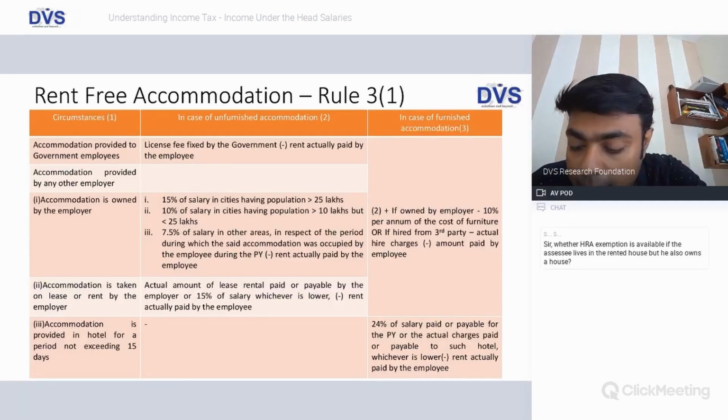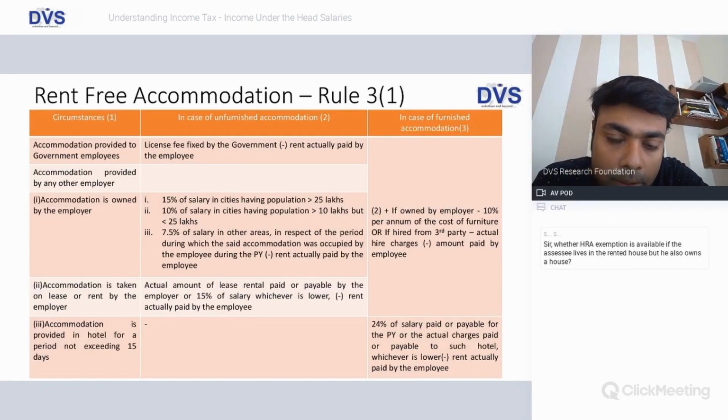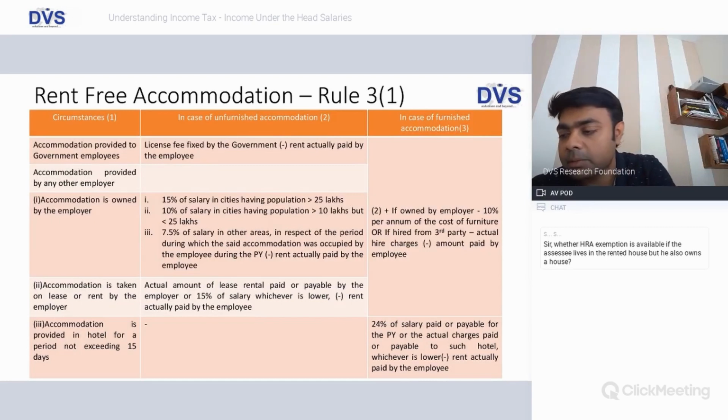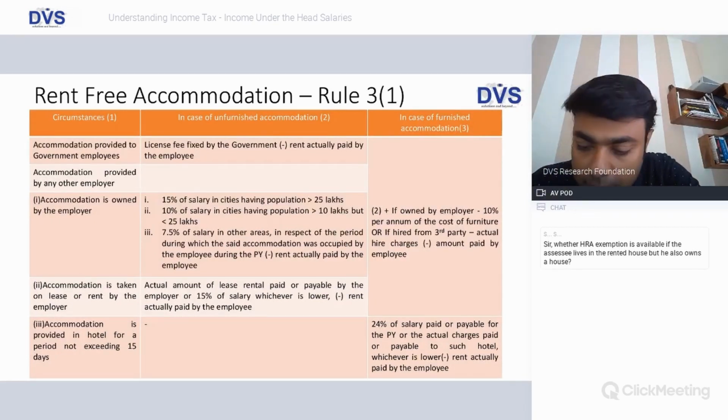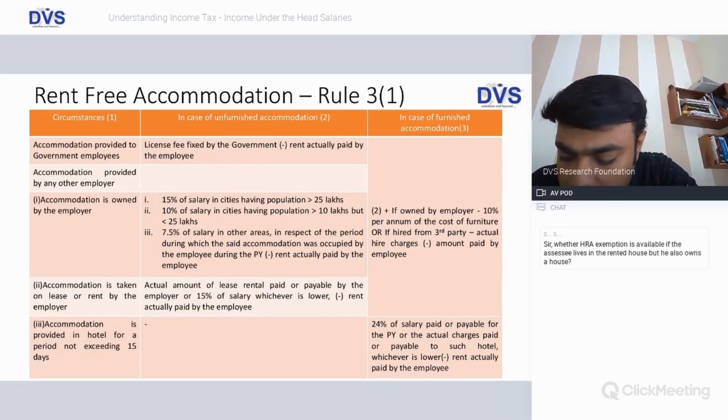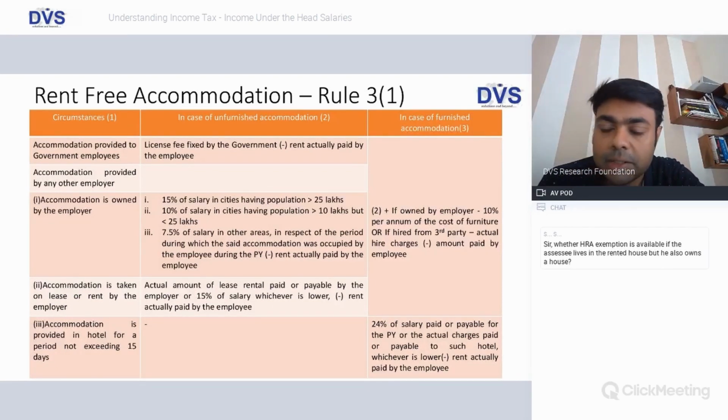However, invariably when someone is transferred from one location to another, for a period of 15 days, if accommodation is provided in a hotel, it is not taxable. Up to 15 days, it is not taxable where someone is transferred. But beyond 15 days, obviously, it becomes taxable. This will not apply where someone travels from one place to another for a business purpose.